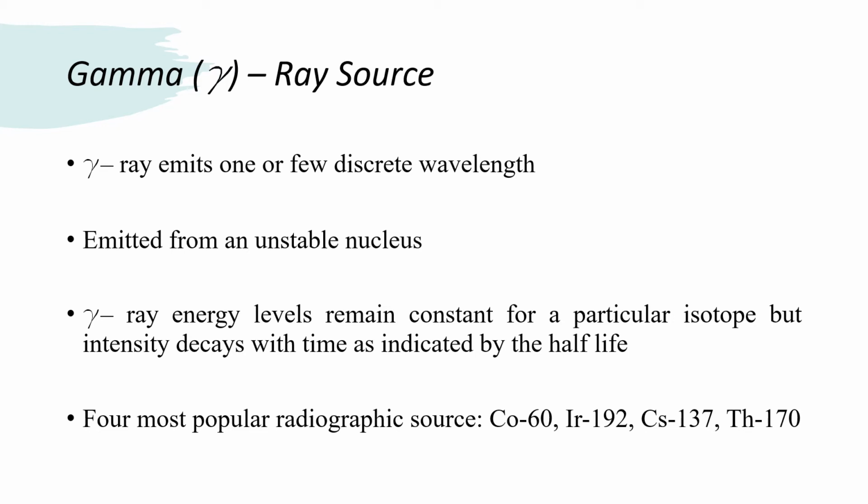The gamma ray energy levels remain constant for a particular isotope, but the intensity decays with time as indicated by the half-life. A variety of radioisotopes are produced in a nuclear reactor.